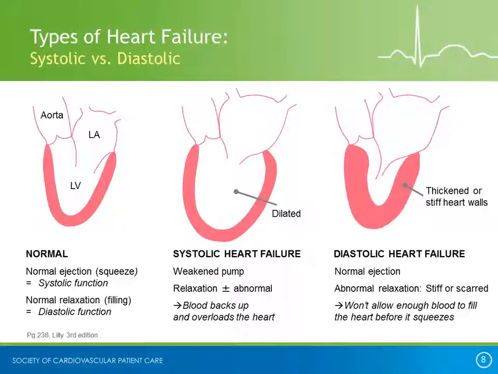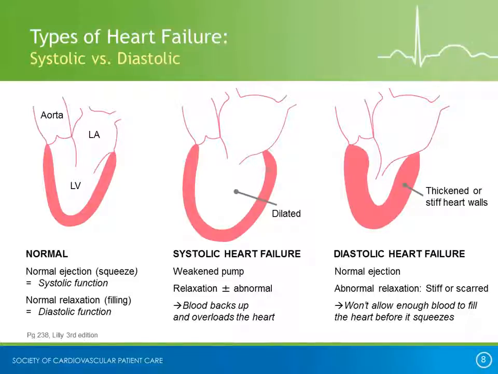The image in the middle looks at systolic heart failure or a dilated cardiomyopathy. In this image, this pump has been weakened because of the dilation or stretching out of the heart muscle. When this happens, blood backs up and overloads the heart as well as the lungs and other organs in the body, causing that congestion that you may have heard congestive heart failure referred to.